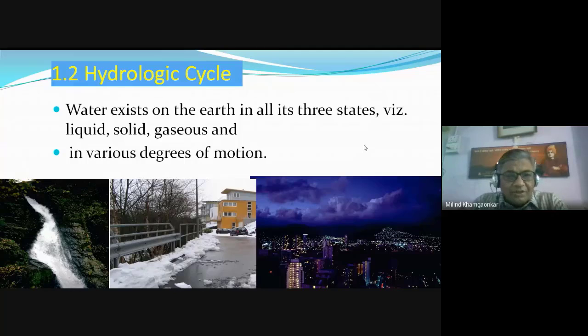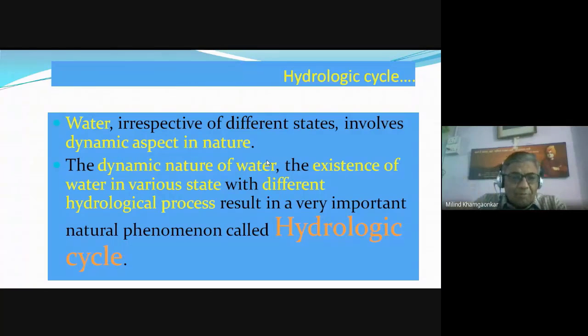And in all these three states, water has the tendency to move from one place to another. So it always has the property of dynamism, that is movement. It has a dynamic nature.